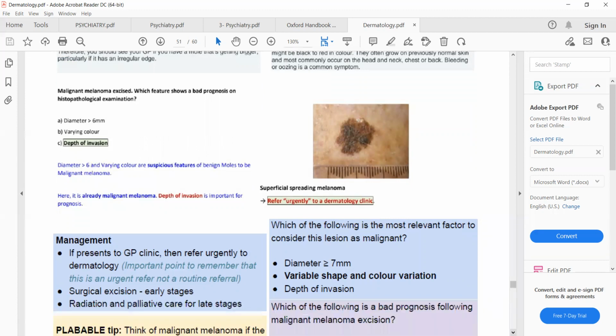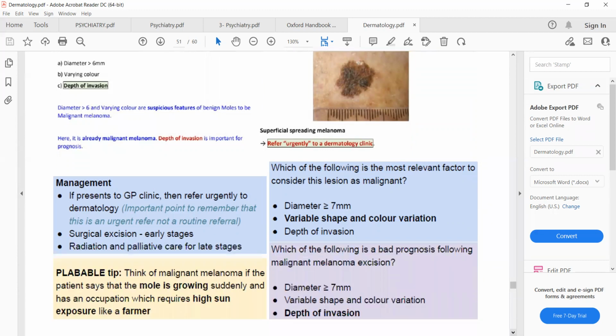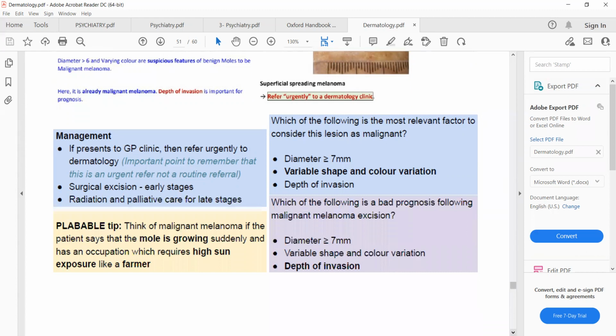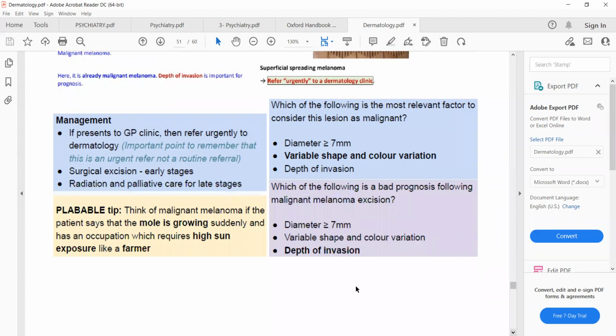So the patient presents in GP clinic, then we will refer the patient to dermatology clinic. The treatment of malignant melanoma is surgical excision if it's in early stages, and radiation and palliative care for late stages.